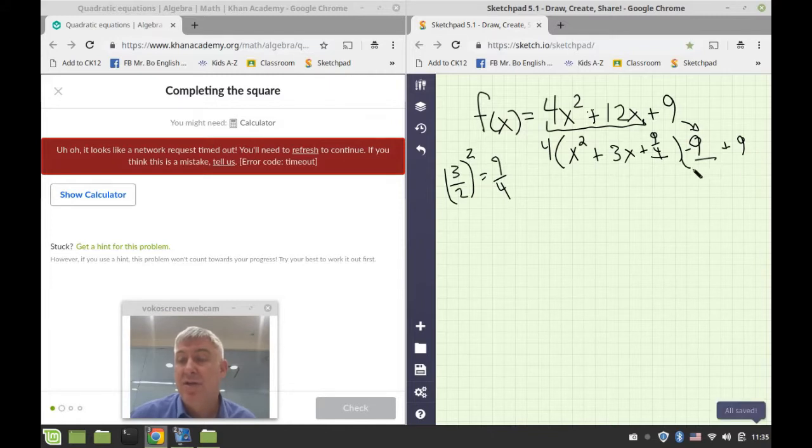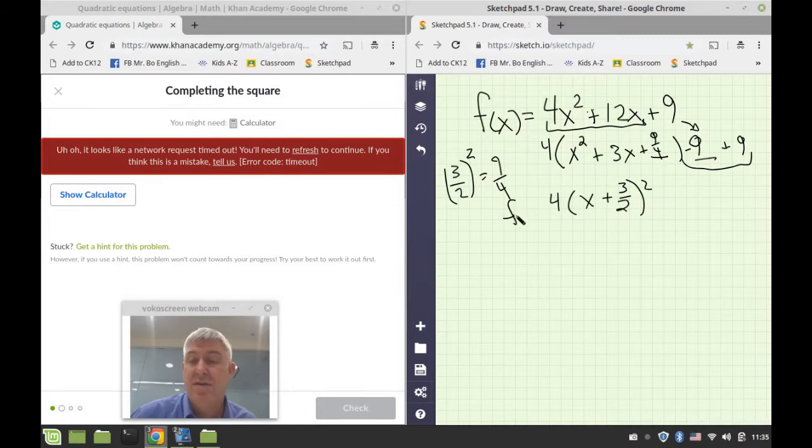So 9 minus 9 is going to be 0. We're going to end up with 4 times x plus 3/2 squared. So our f of x is equal to 4 times x plus 3/2 squared.